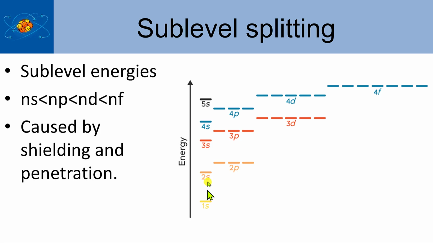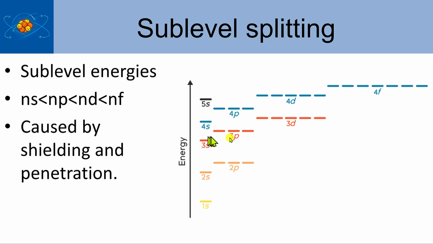The 1s is lower than the 2s, which is lower than the 2p, which is lower than the 3s, which is lower than the 3p, but you notice what happens. The 3s and the 3p have been drawn down towards the nucleus because of penetration, and the ability of the orbital to get inside the other orbital.